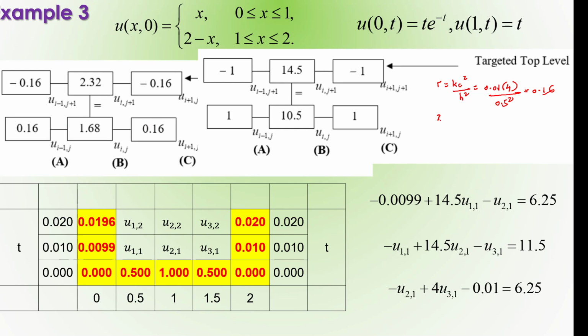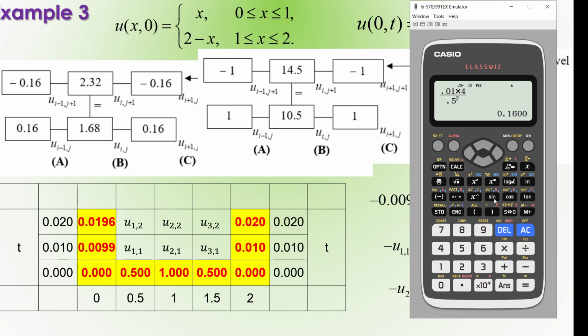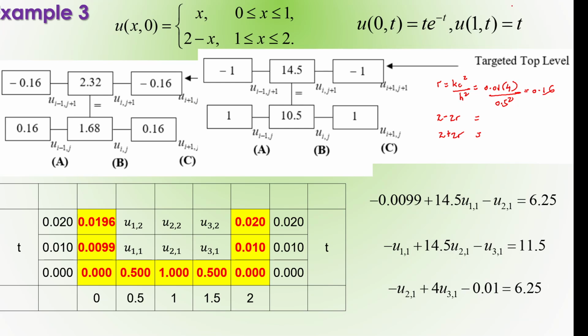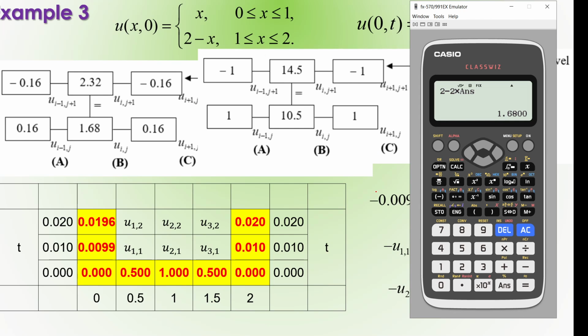Then you can find 2 minus 2r and 2 plus 2r. So 2 minus 2 times the answer. So 2 minus 2r, you have 1.68. Okay, and then calculate 2 plus 2r.